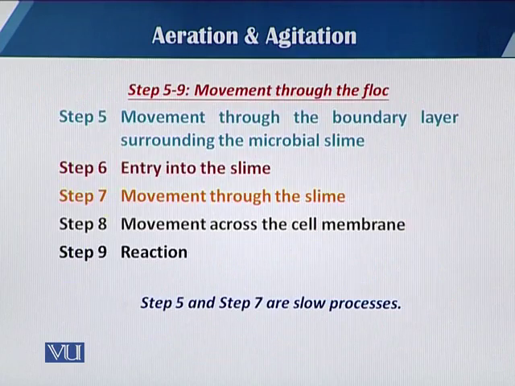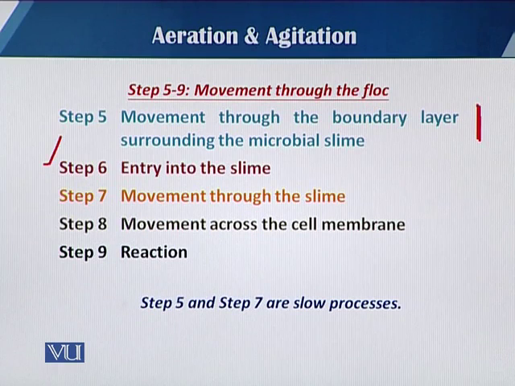As concerned steps 5 to 9, that is the movement through the floc. The movement through the boundary layer surrounding the microbial slime, because sometimes microbial cells have a slime environment and a capsule, so the oxygen enters the slime in the 6th step.